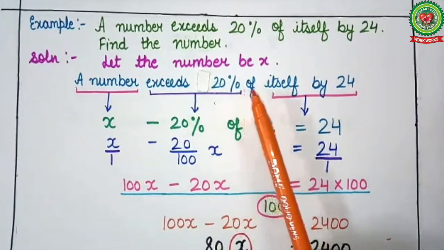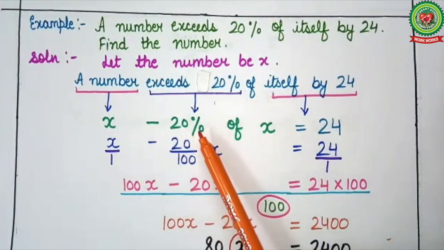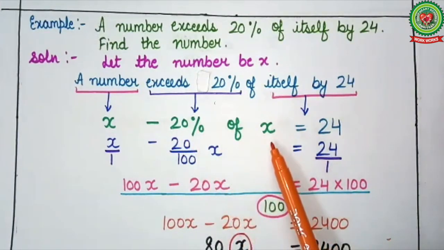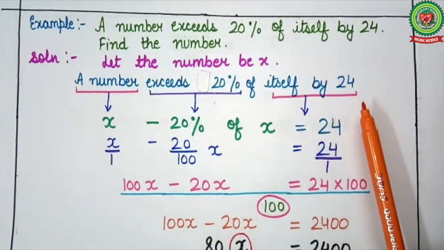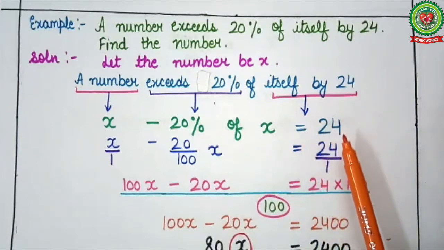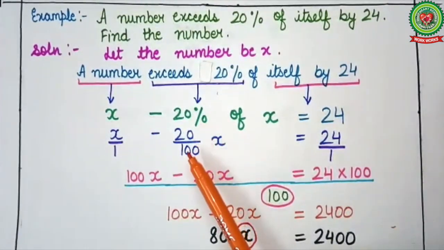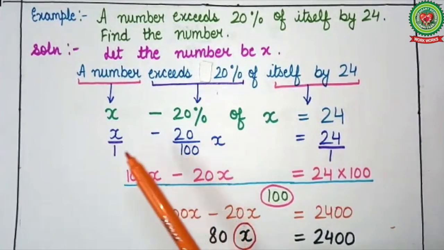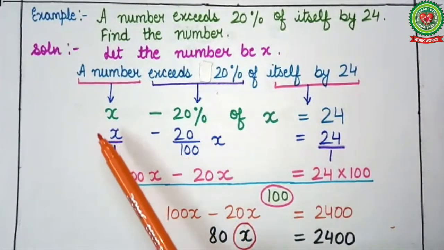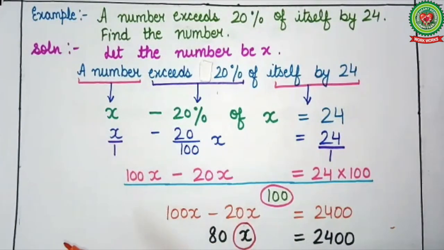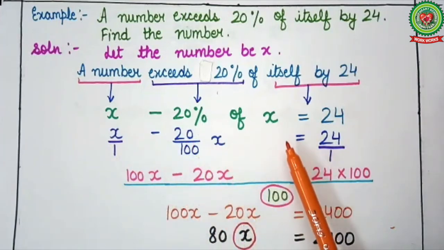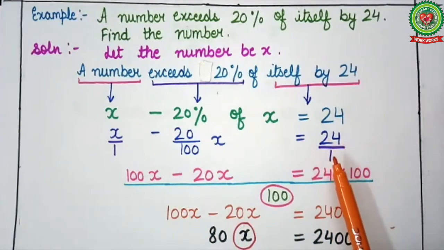Exceeds 20% of itself, that means minus 20% of x, by 24. It means equals to 24. Now we know percentage means upon 100. So here it comes, x upon 1, we know if the denominator is not present, that means the denominator equals 1. Minus 20 upon 100 x equals to 24 upon 1.